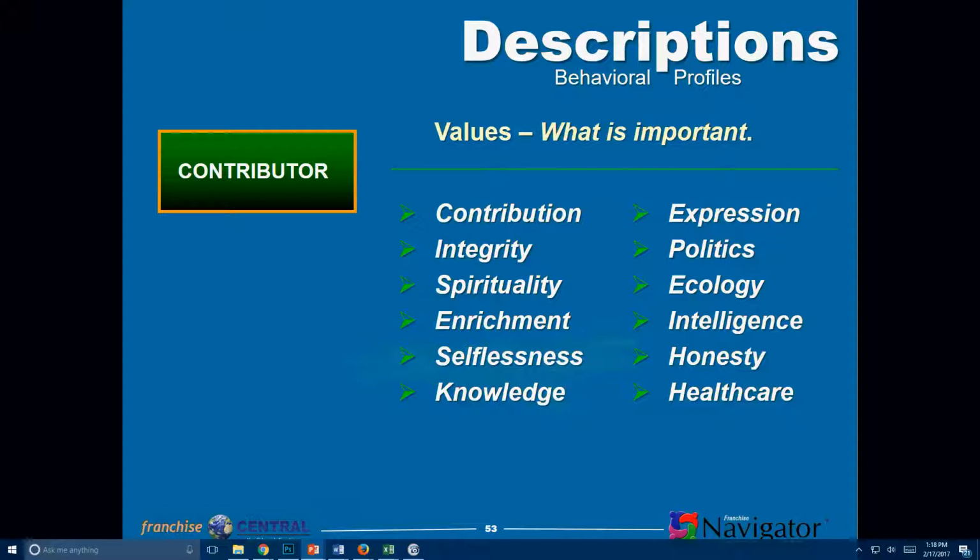They're very knowledgeable. They love things where there's an expression. They will gravitate in some cases to politics, the ecology. They're honest. They do like healthcare. But again, this is where that conflict occurs because they're not necessarily good at owning a senior care franchise, but they're great at working in one.